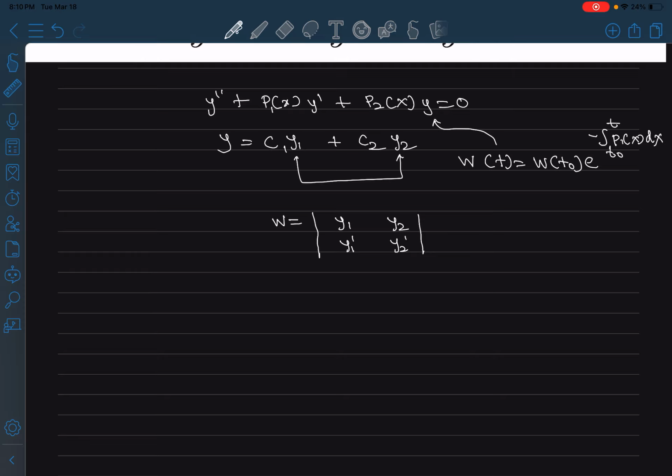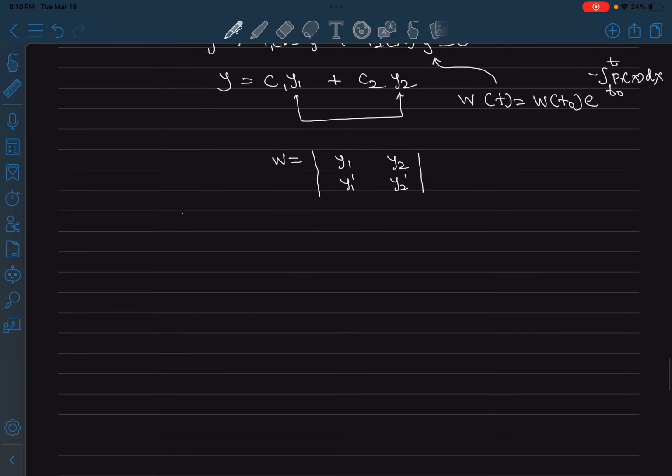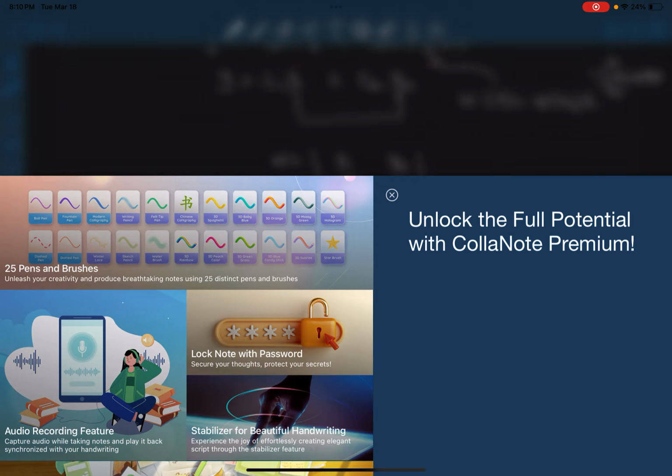What that formula says is, let's say there are some functions, and you want to find the derivative of this determinant with respect to x.